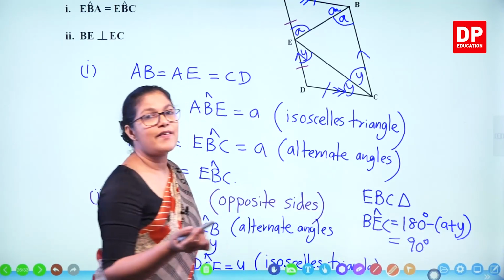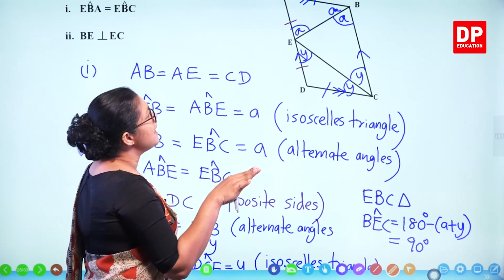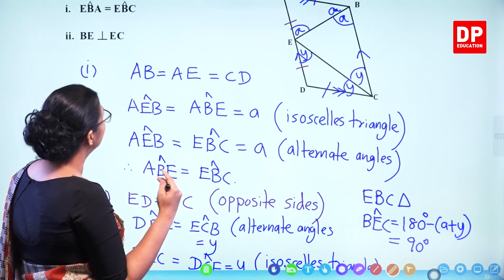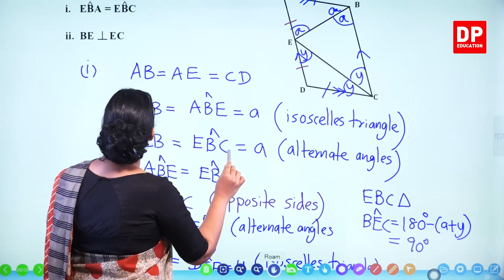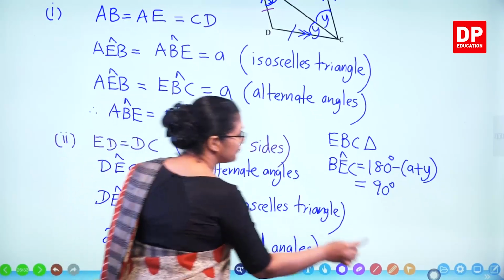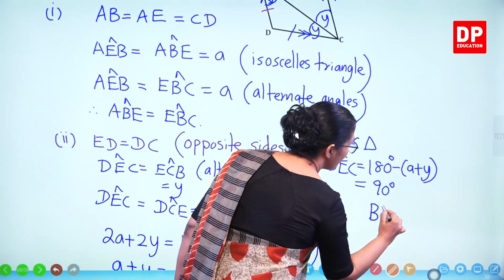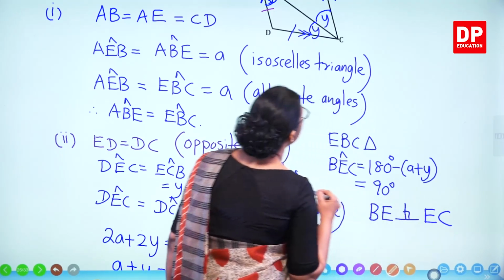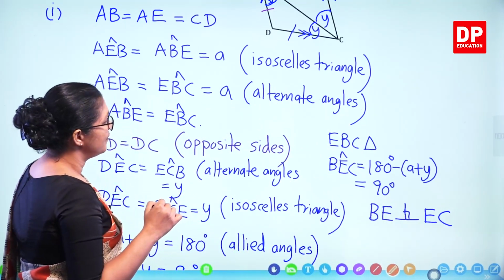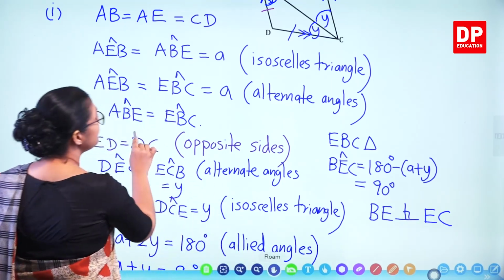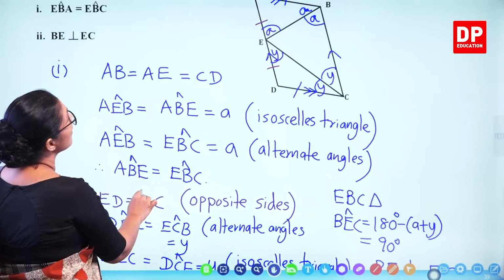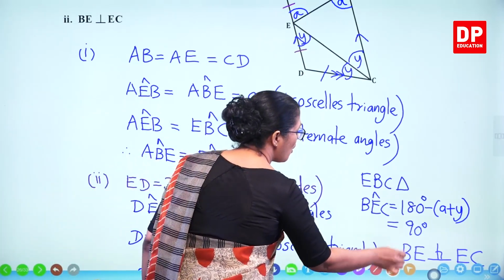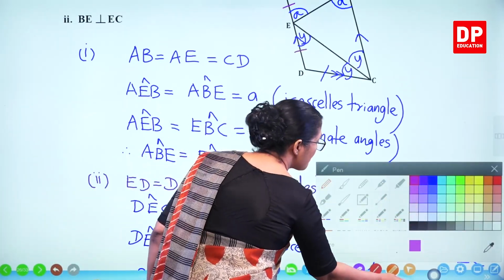So 90 degrees means EB line is perpendicular to EC. So therefore you can say BE is perpendicular to EC. So that's the last part. So we'll see how you get marks for this question.